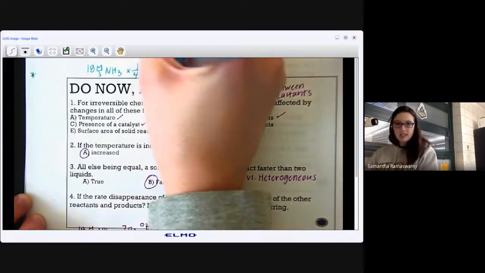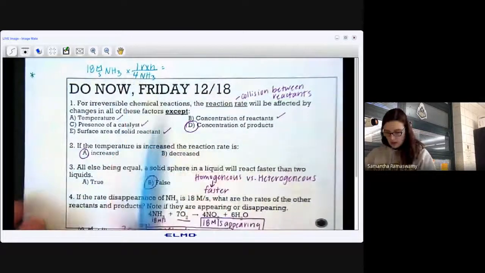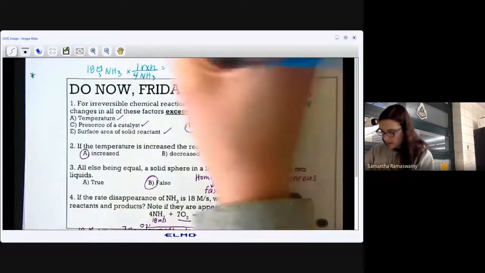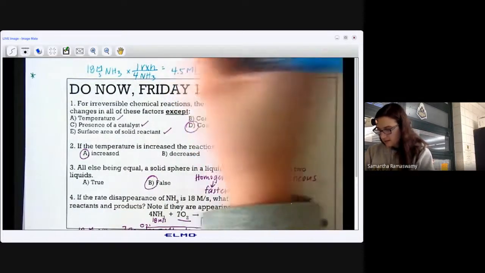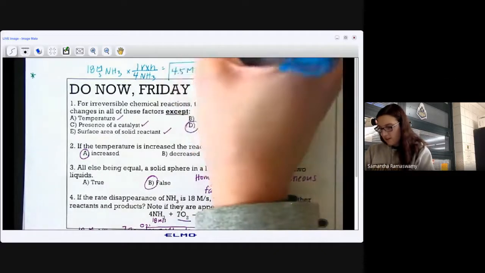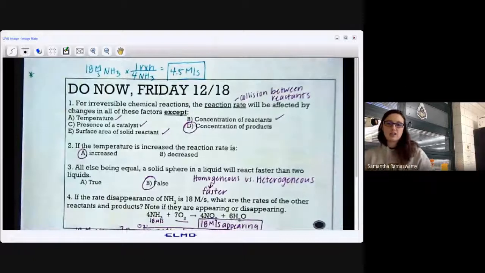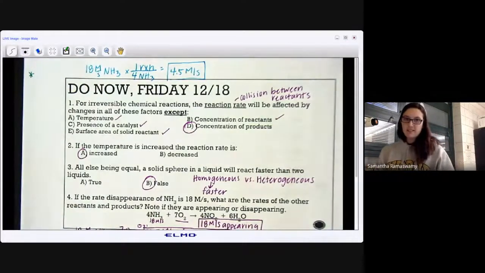So I could actually set up my factor like this. So 18 divided by 4. So the overall reaction has a rate of 4.5 molar per second. If I wanted to know how the overall reaction rate is changing, it'd be 4.5 molar per second.